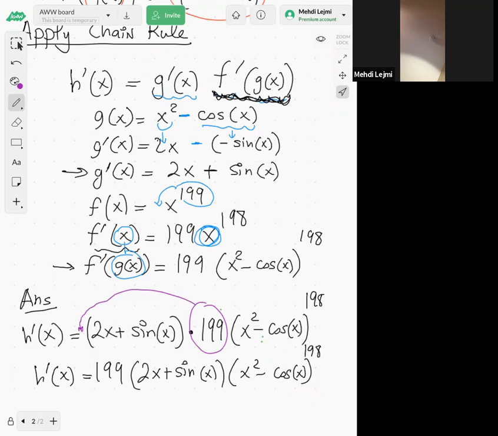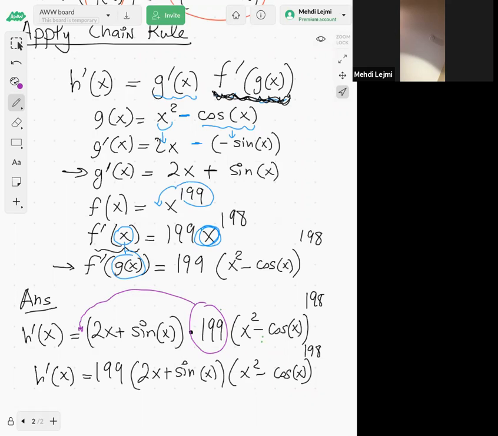If you have a product rule or quotient rule, it's not that bad, because when you have a quotient, you know you have to apply the quotient rule, and if you have a product, you know you have to apply the product rule, right? But for the chain rule, sometimes it's not obvious, because you need to find your f and g. You need to write your h as the composition of f and g, right?